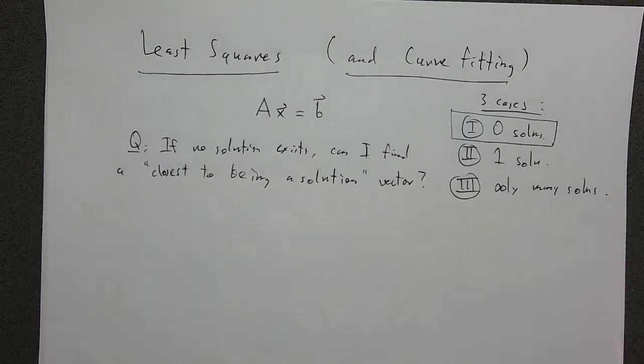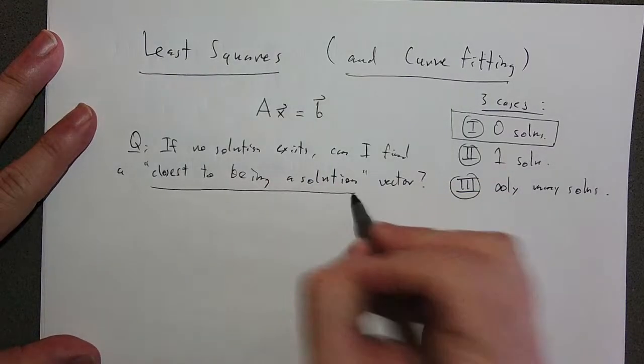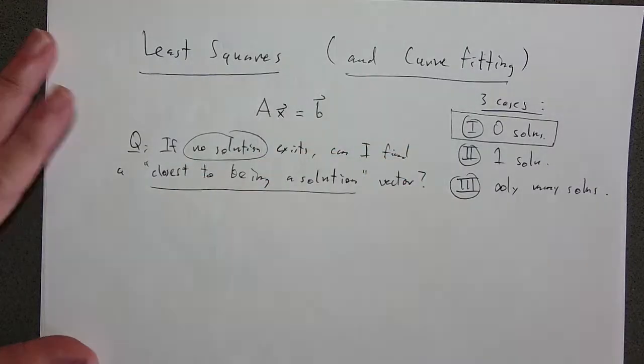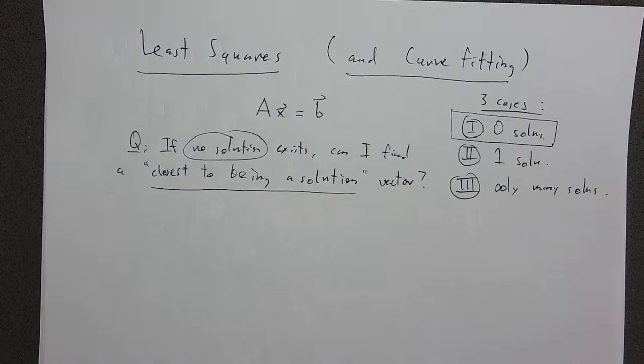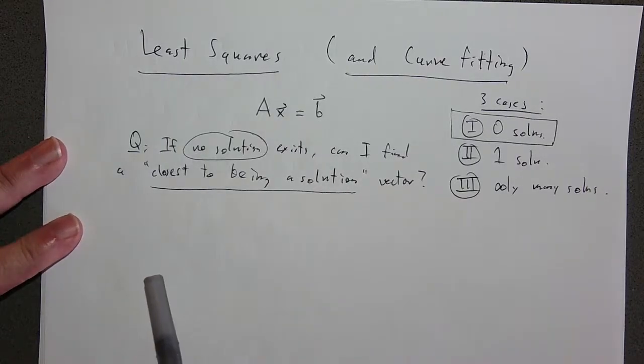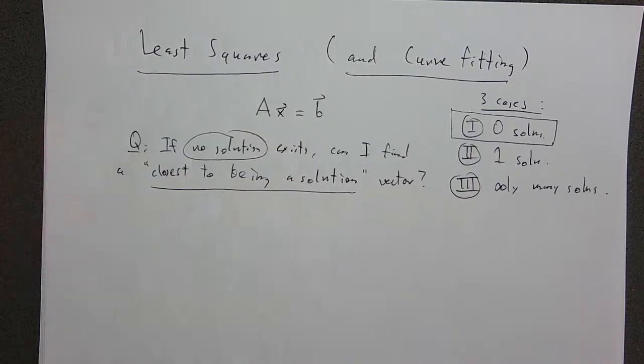I'm looking for a vector that is closest to being a solution. It is definitely not a solution, since this thing has no solution, and looking for one would be silly.